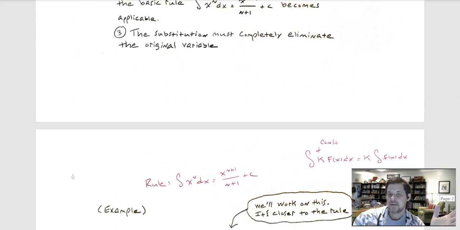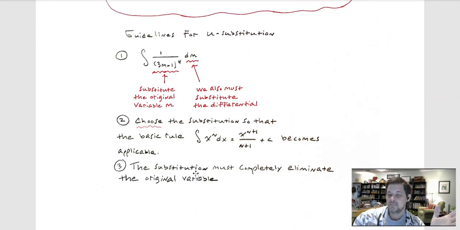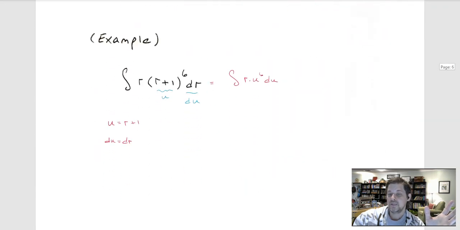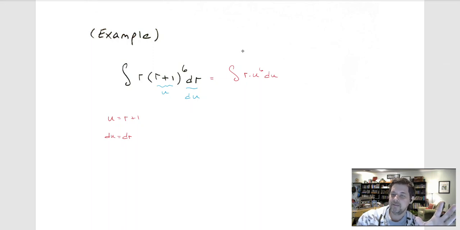So here's my guidelines up here. The substitution must completely eliminate the original variable. Totally gone. All right? So I need to find a way to do that. So I need this to be all in terms of the variable u.